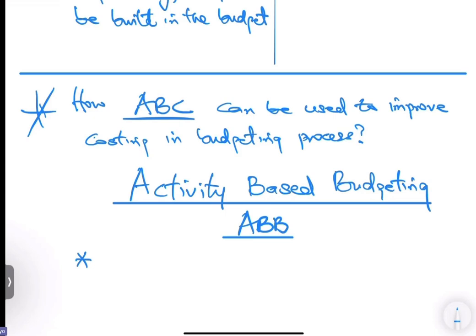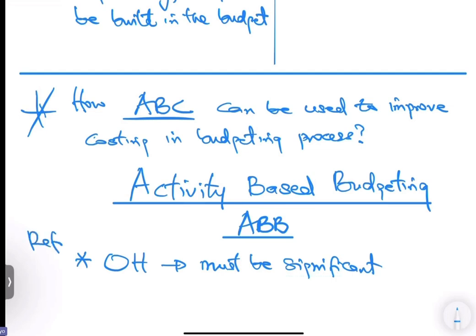We said, first of all, you need to know that the overhead definitely must be significant to use ABC. Just to give you a refresher.